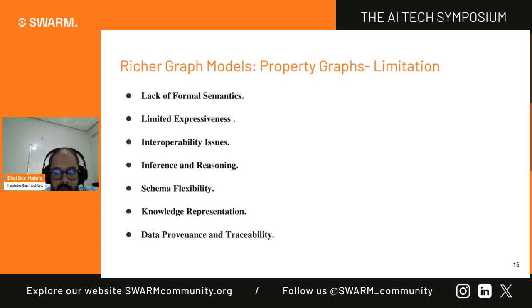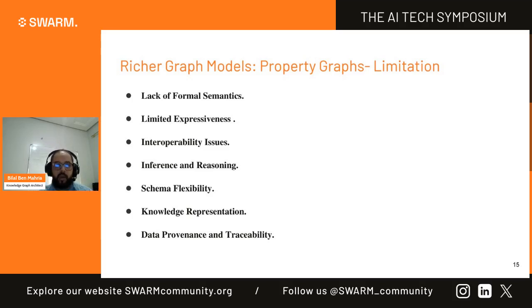Also, sometimes it's hard to work on the problem of interoperability at the property graph level, because we don't have any vocabulary or standardized technologies to solve the problem of interoperability in the layer of the property graph. This is something that is hard to achieve with property graphs.